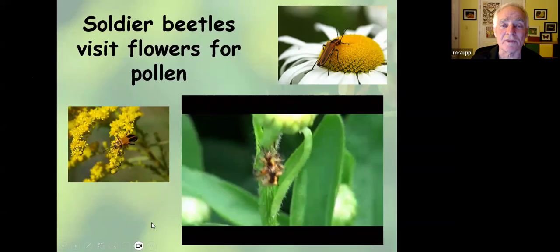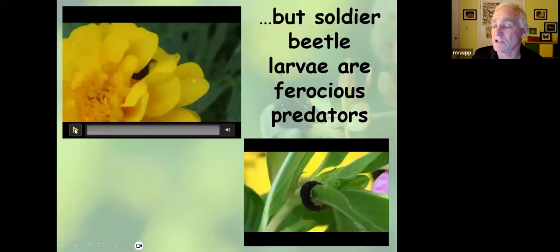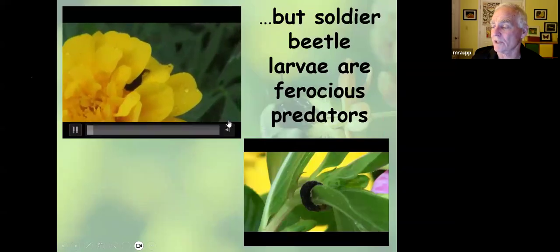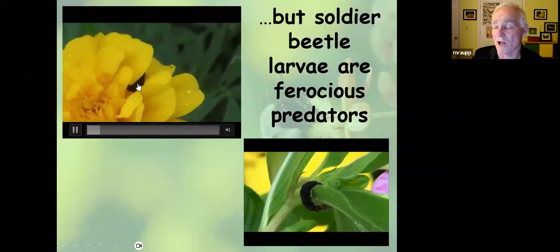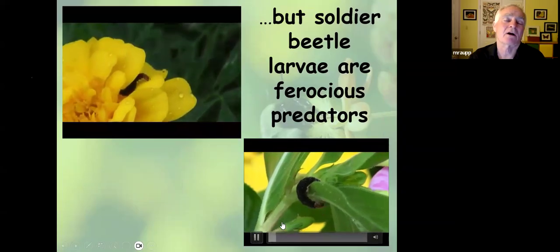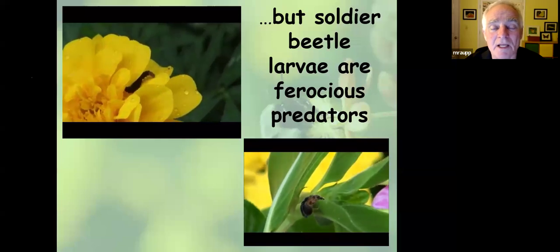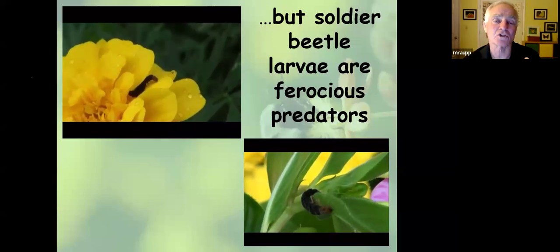But let me show you what the immature stage does. The immature stage is also found up in the blossom, but what they're doing in the blossom is hunting things like aphids and spider mites and thrips. They're biological control agents.